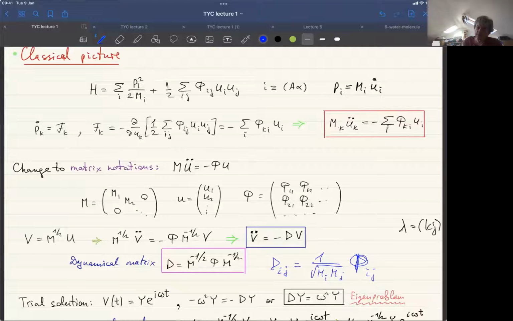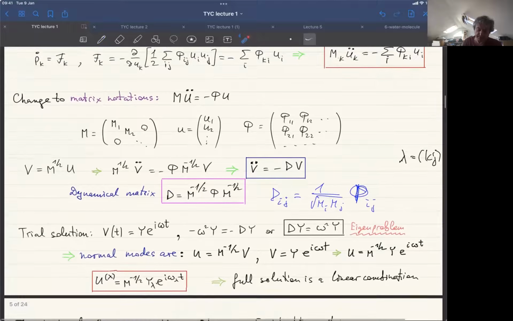So this is the form of that matrix. It's the same as the force constant matrix phi, but each element has this mass prefactor in front. This matrix is also symmetric, and that is important.